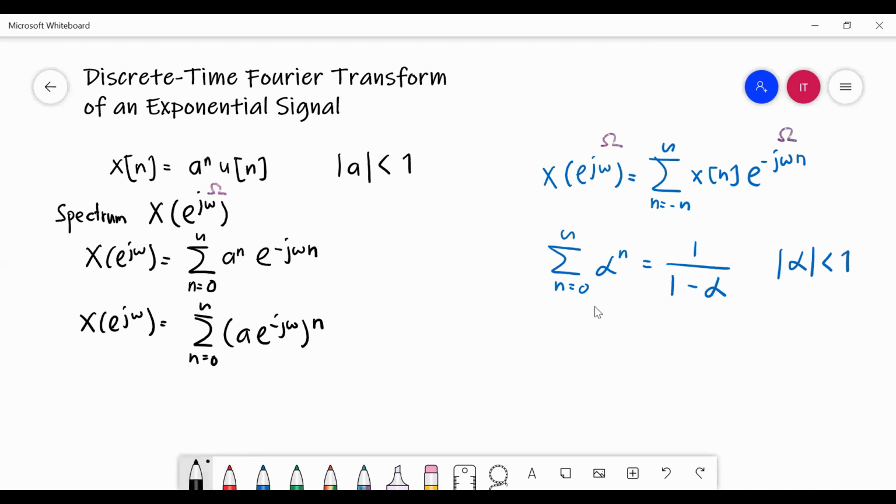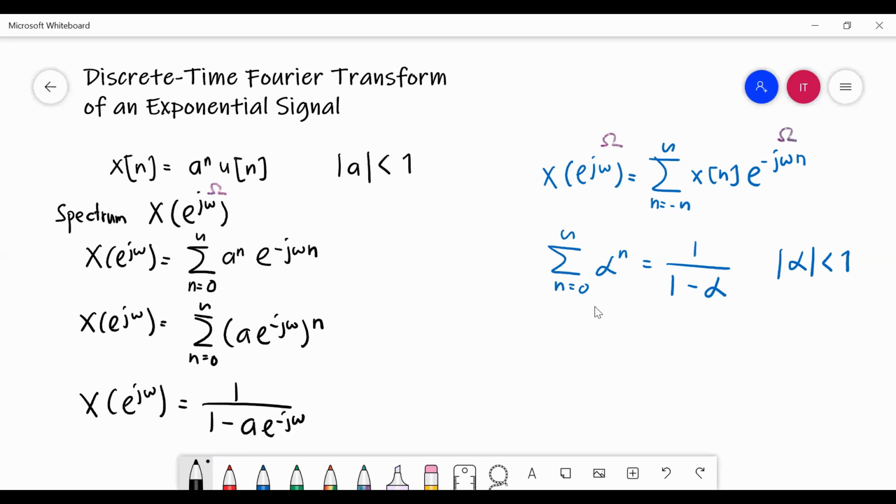Now we put this equation into our spectrum, and we have this. This is already our spectrum.